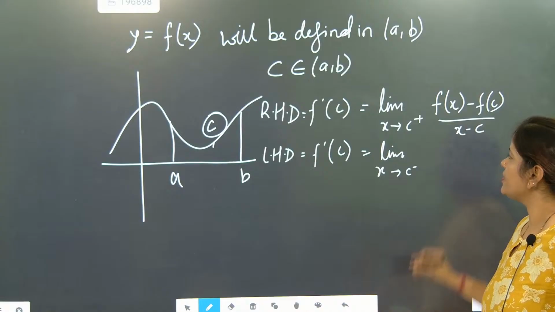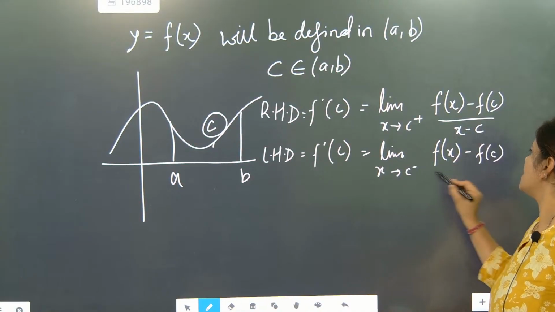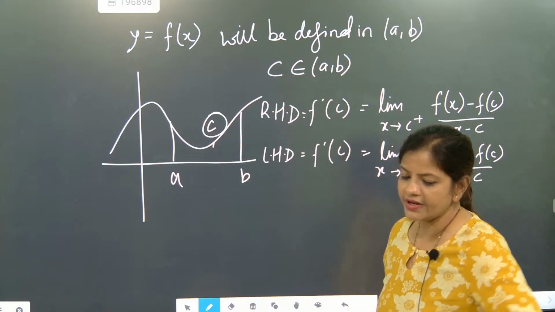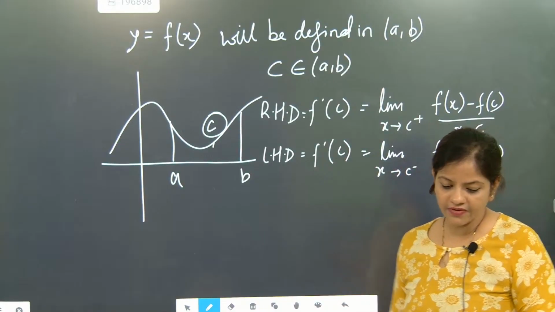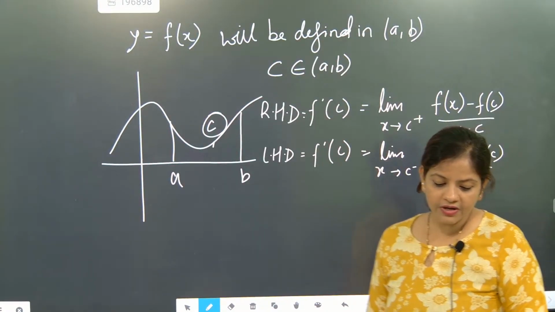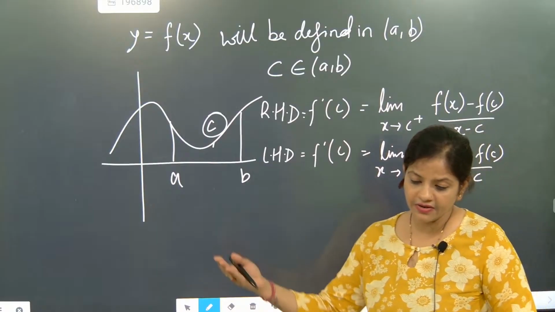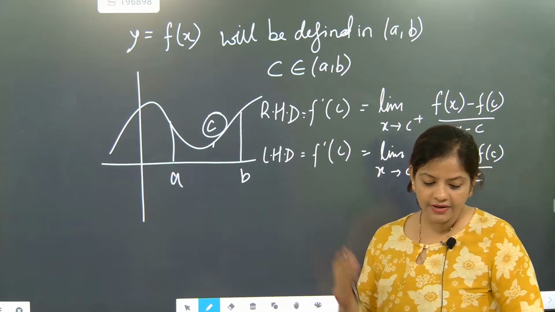This part will become minus: f of x minus f of c by x minus c. So the left hand derivative and right hand derivative are coming. I hope you have understood. LHD is called the left hand derivative, and RHD is considered the right hand derivative.